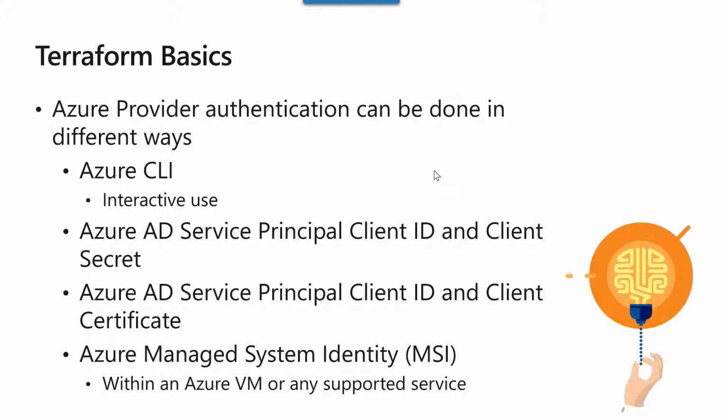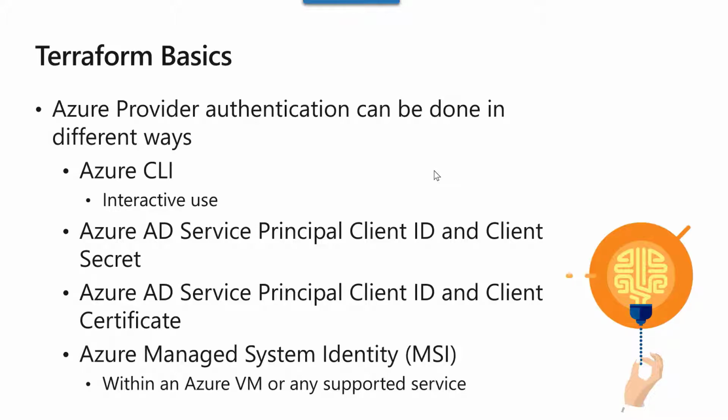The last one is Azure Managed System Identity. Let's say you want to run your Terraform configuration inside Azure virtual machines that you already provisioned in Azure Cloud. You can assign a system managed identity or user managed identity to that virtual machine and then have that run your Terraform configuration.